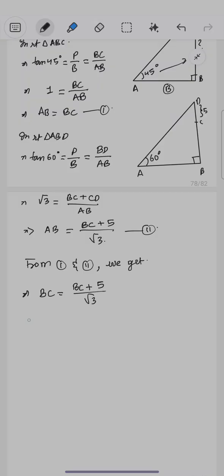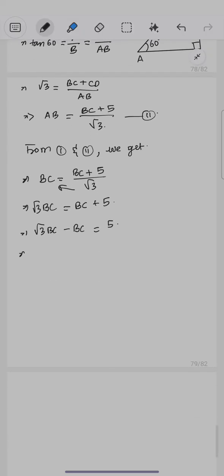Solving it out, root 3 BC equals BC plus 5, so root 3 BC minus BC equals 5. Taking BC common, BC times root 3 minus 1 equals 5.